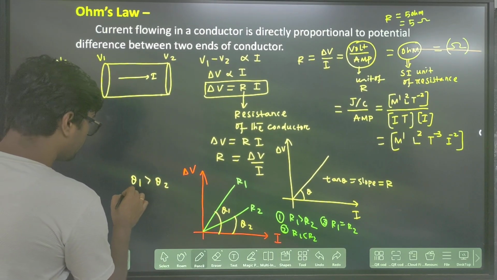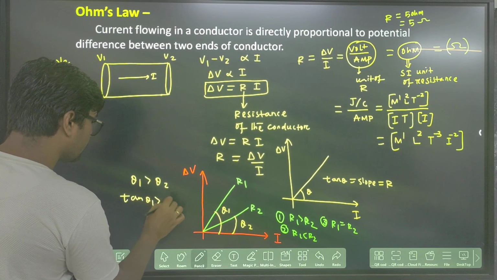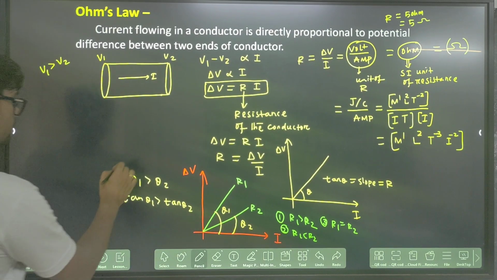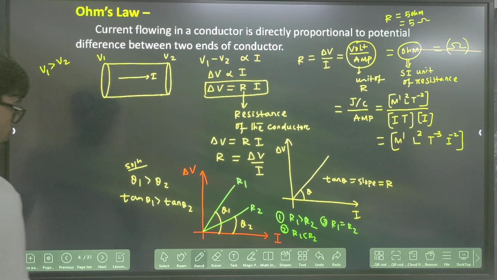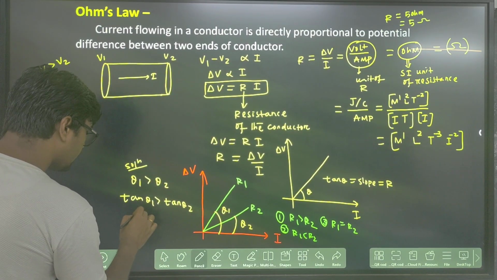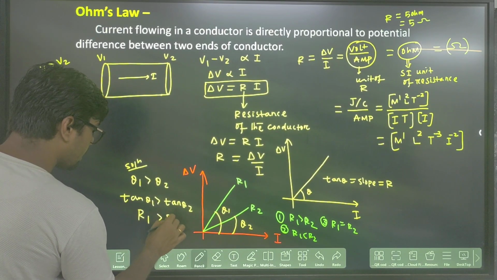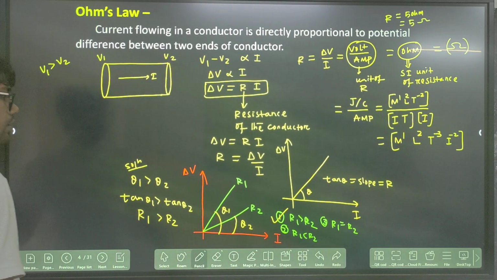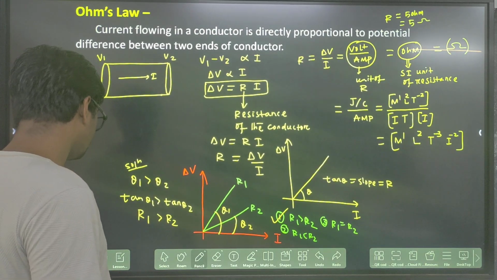If theta 1 is greater than theta 2, tan theta 1 is greater than tan theta 2. So R1 is greater than R2, and this option will be correct. Clear? So this question they can ask like this.